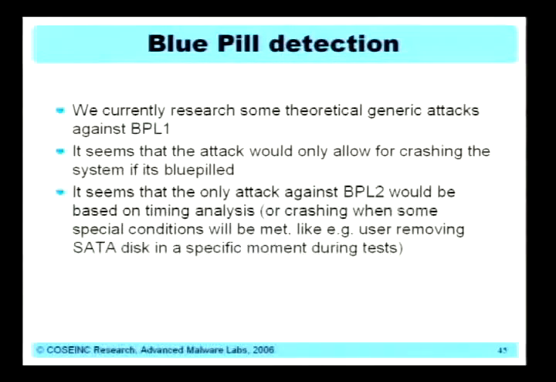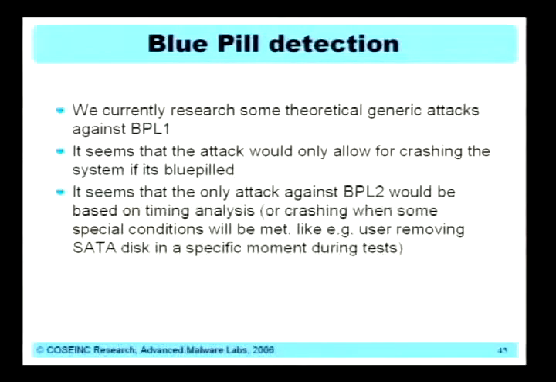We also researched together with Alex Tereshkin some theoretical ways how to detect Blue Pill level 1, which are not based on timing analysis. And it seems that the only way would be a very smart brute force attack, which would allow for crashing the system when it is blue-pilled.